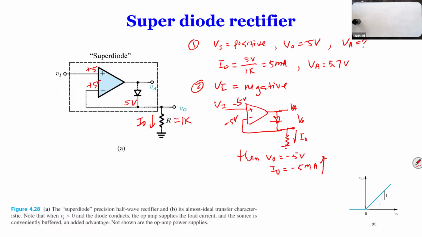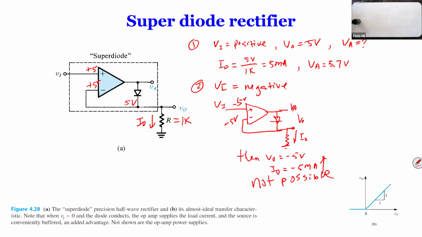So now, do you see a problem? You've got this current going up, 5 milliamps. The diode will prevent it from flowing back, and it does not conduct any current. So apparently that's impossible. That is wrong. So this is not possible.